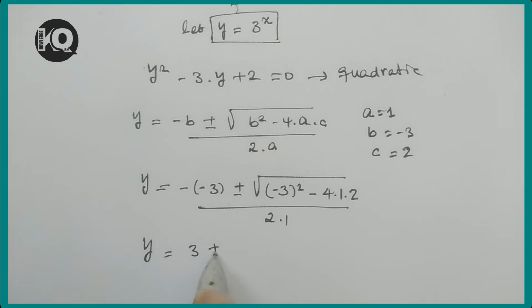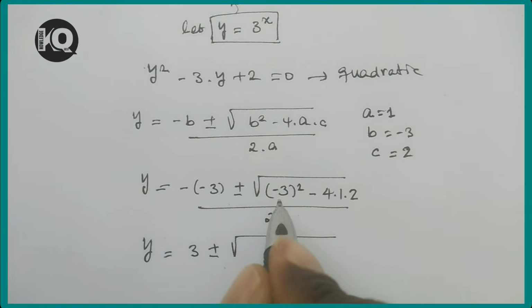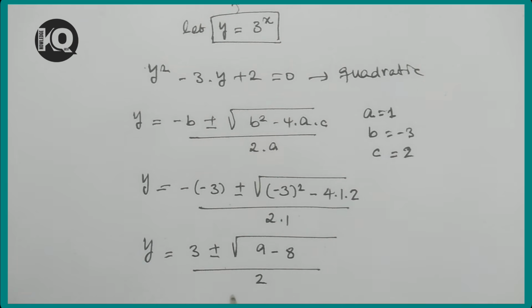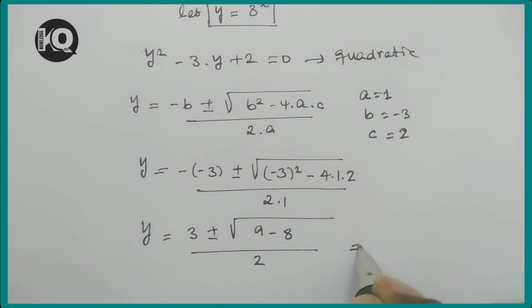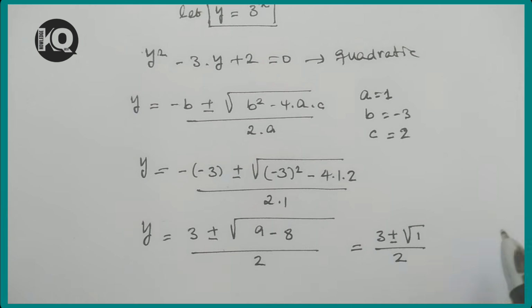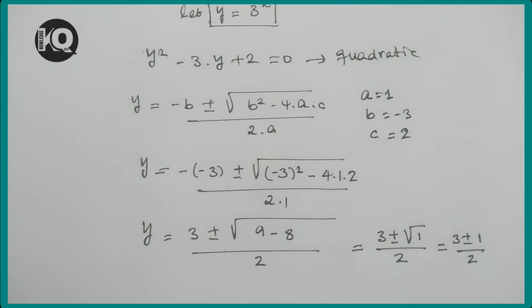So 3 plus or minus the square root of 9 minus 8, divided by 2, which is 3 plus or minus 1 divided by 2.